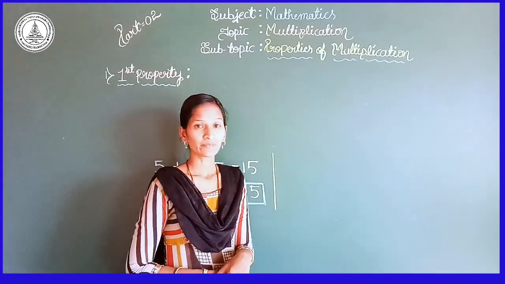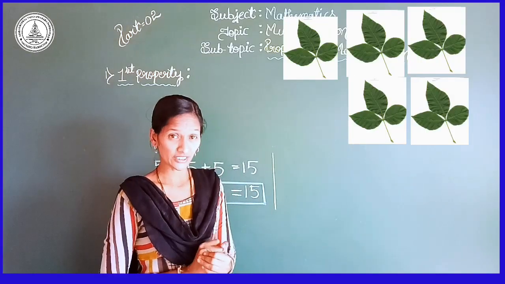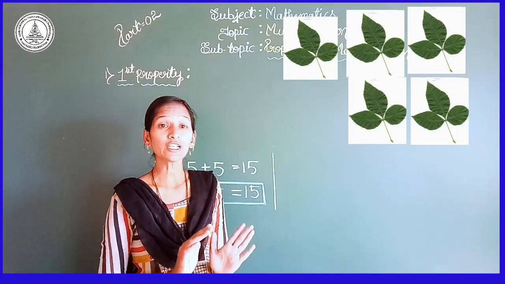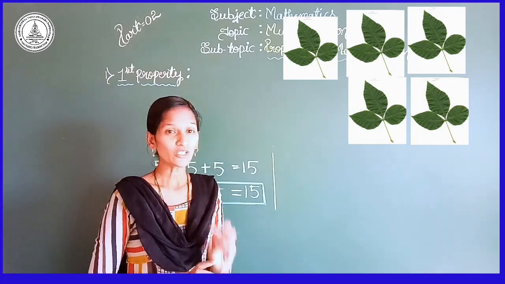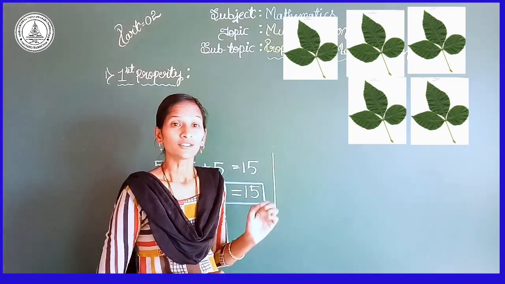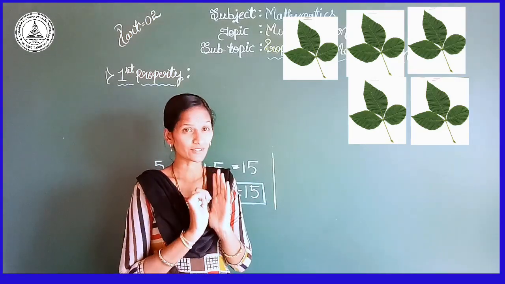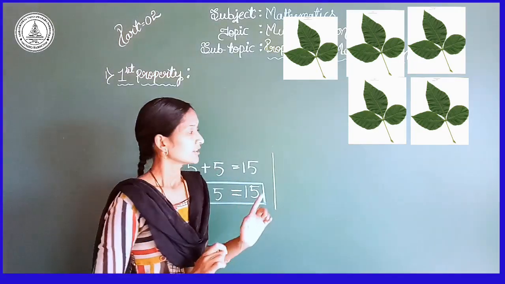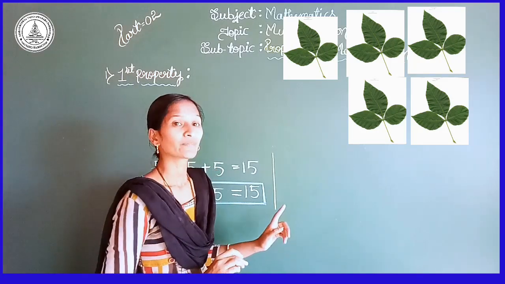Look here. Here are also some twigs. Here the total number of twigs is 5. And each twig has 3 leaves, right? So now I am finding the total number of leaves, right? Here the total number of twigs is 5.